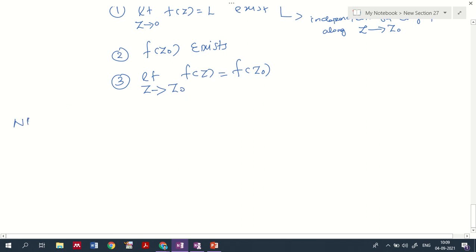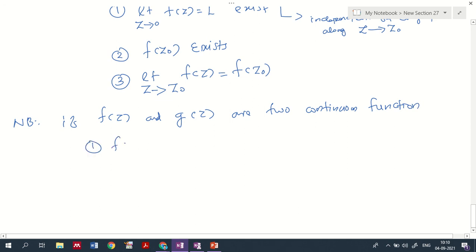So note down one point: if f of z and g of z are two complex variable functions that are continuous, then we can say that f of z plus g of z also will be a continuous function.